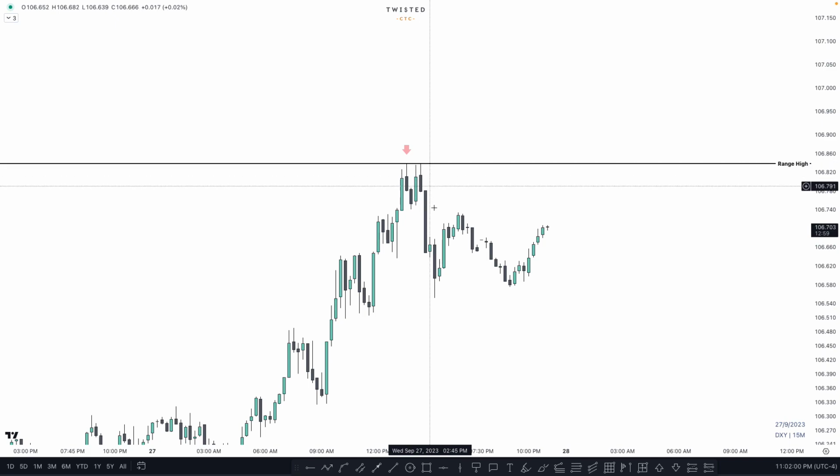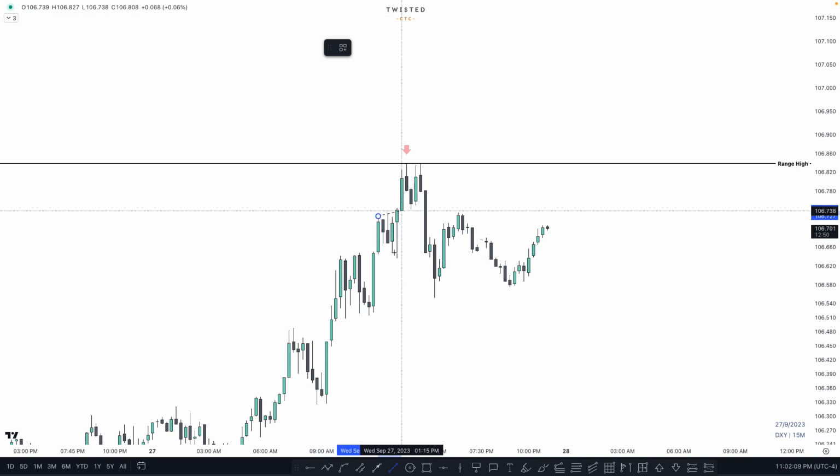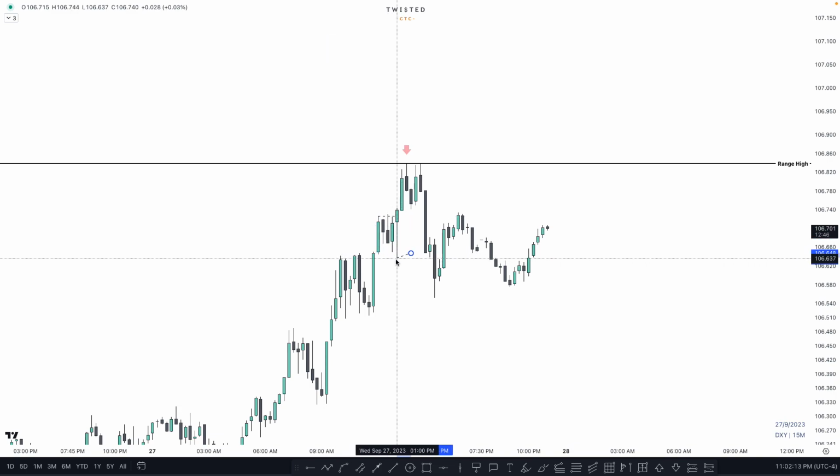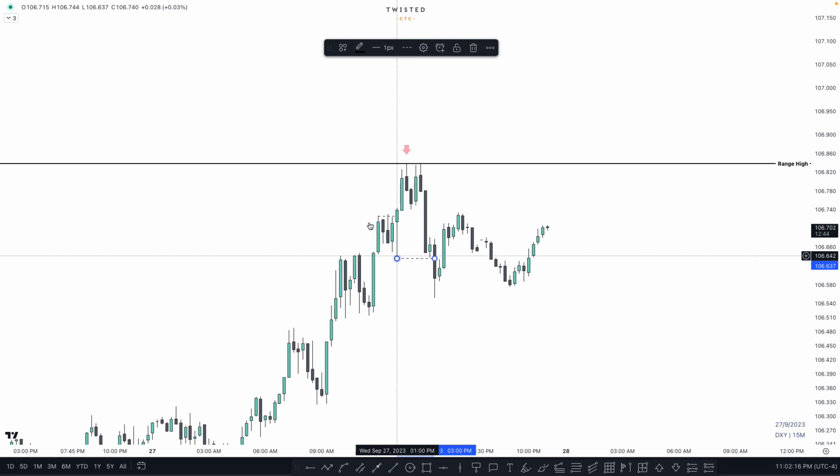We have relative equal highs, and we displaced below the intermediate term low. The reason I call that the intermediate term low is because it ran the highs. The highs were ran, and at the same time the lows here were also ran with a displacement candle to the inside, but we also did respect this order block.